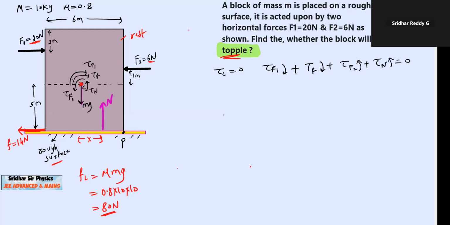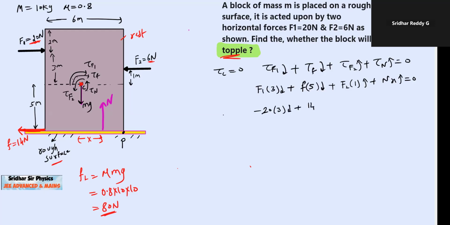Torque due to applied force F1: this distance will be 3 meters, so this will be F1 into 3, clockwise. Torque due to friction, friction force into 5 meters, will be clockwise. Torque due to applied force F2 into 1 meter, anti-clockwise. Torque due to normal contact. So F1 equals 20 into 3.